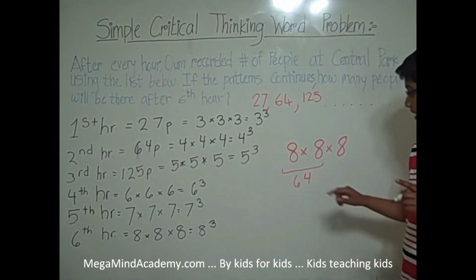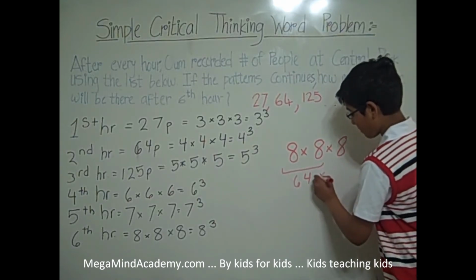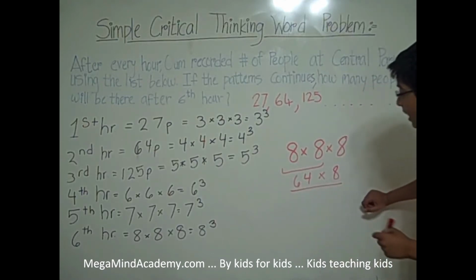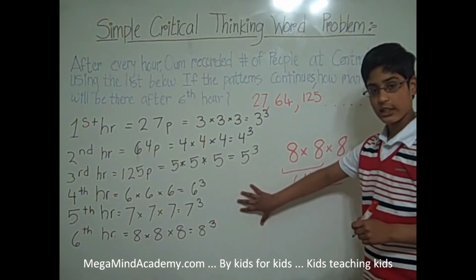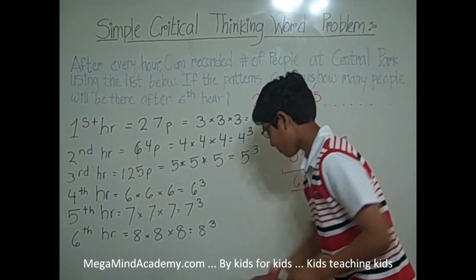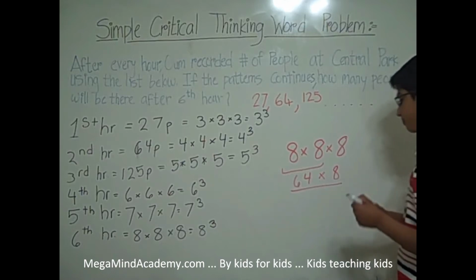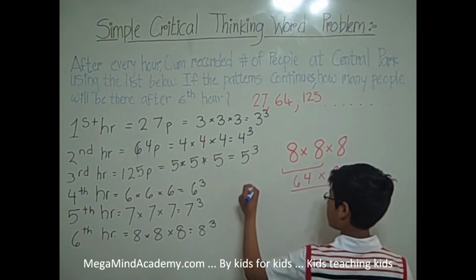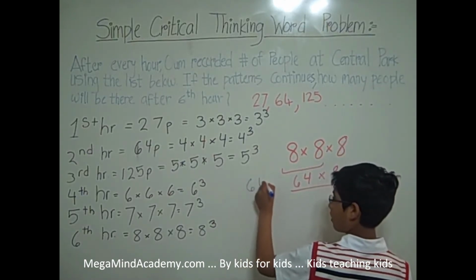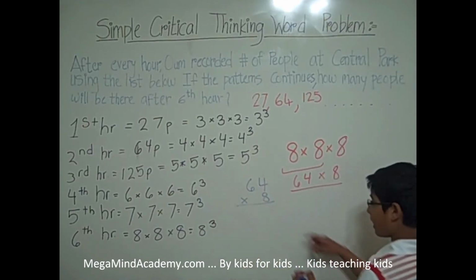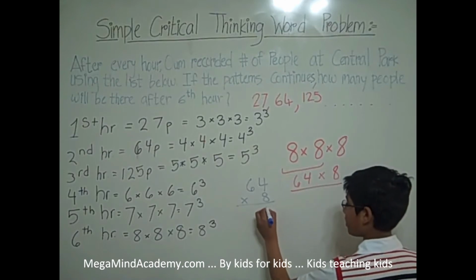Now let's solve 64 times 8. 8 times 4 is 32.